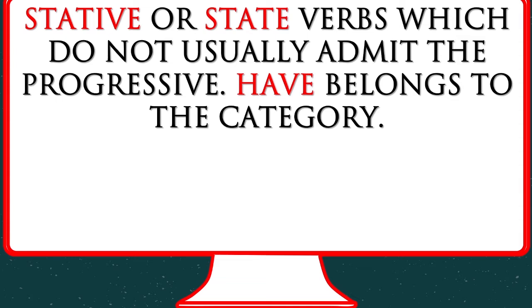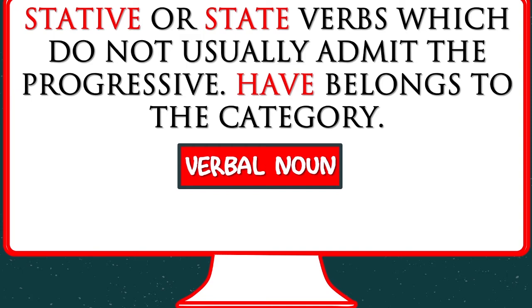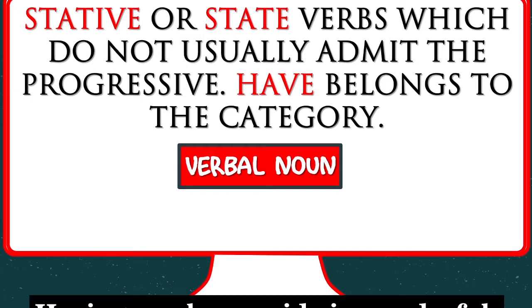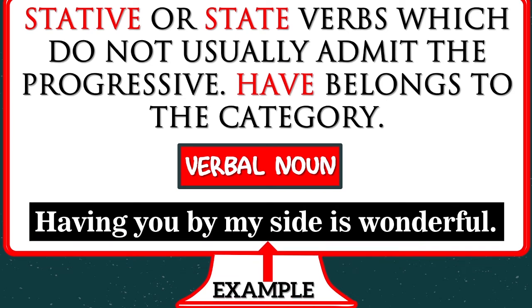It must not be put in the gerundive form, except when you use it as a verbal noun and it is beginning the sentence as a noun. For instance, having you by my side is wonderful. So the case of have is peculiar. Some believe that it can exist in the progressive form as the verb, which we said is not grammatical.